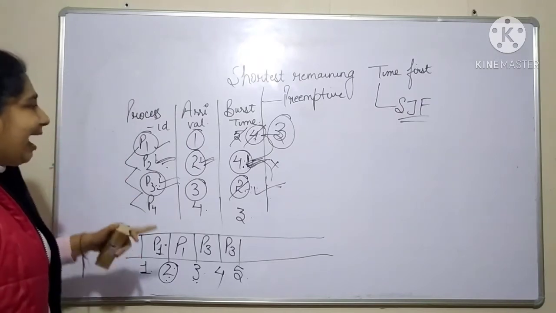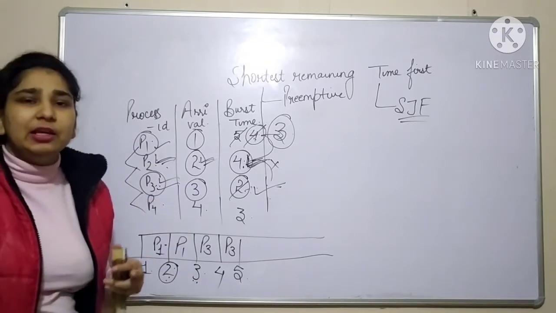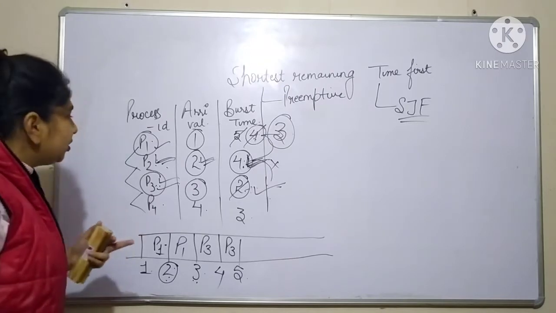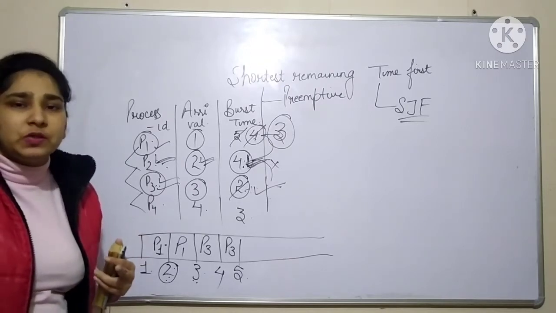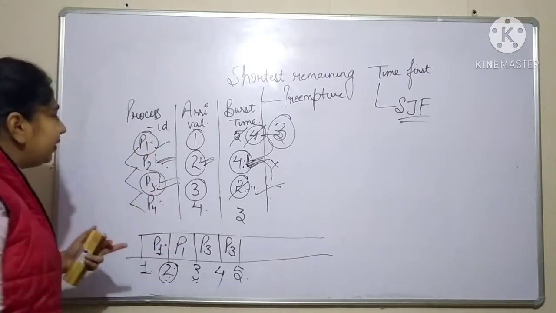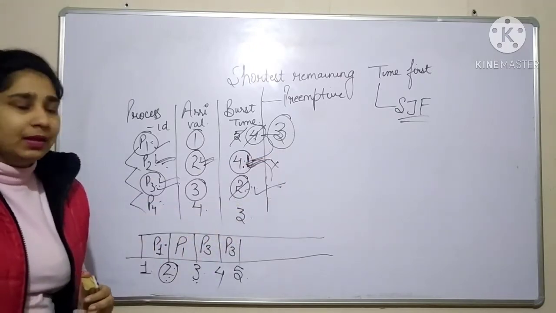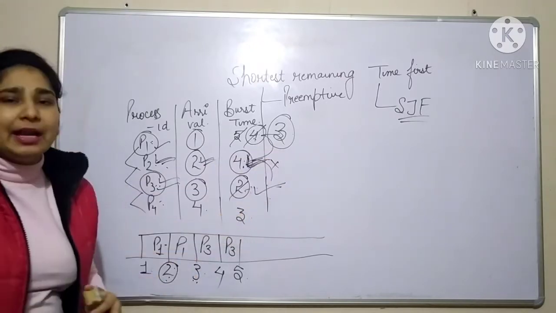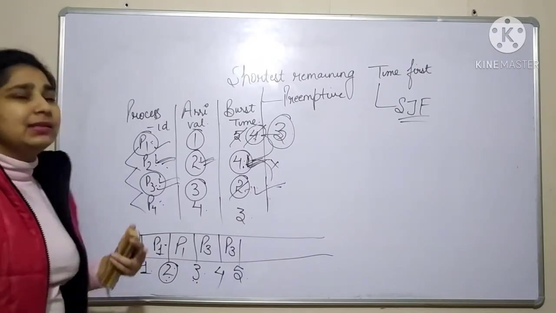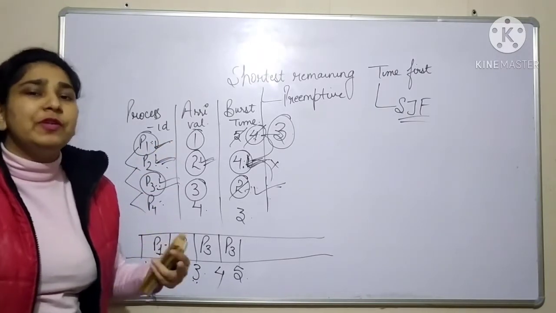Now we have these 3 processes, P1, P2 and P4, present in the main memory. Now we will give a chance to the process having the shortest burst time. If you look at P1 and P4, both have 3 burst time. Both need 3 units of CPU time. If there is any clash, if you find the same values, then we resolve the tie with first come first serve.